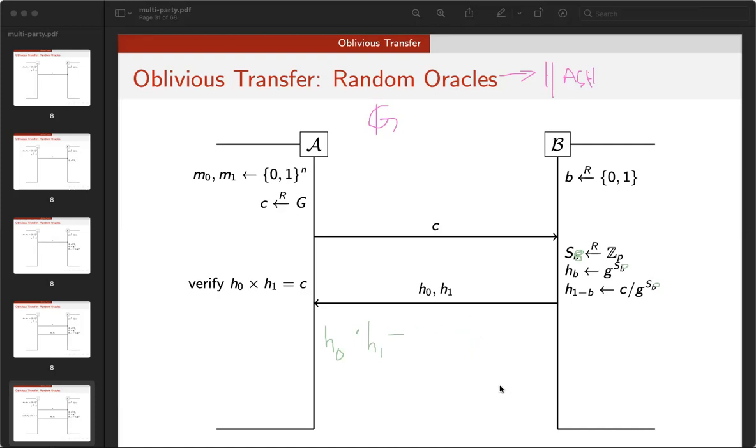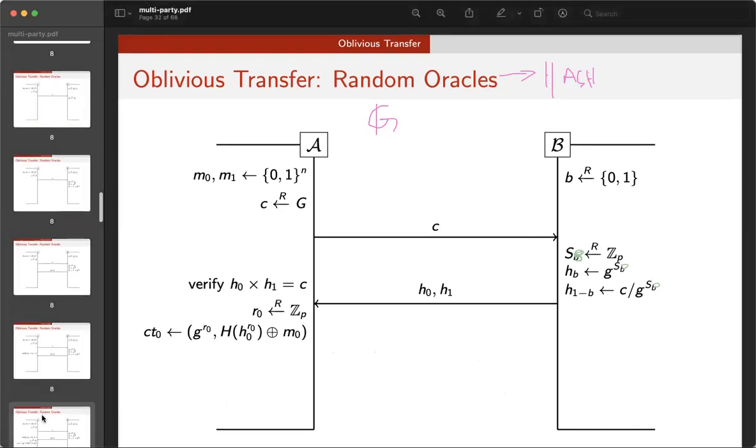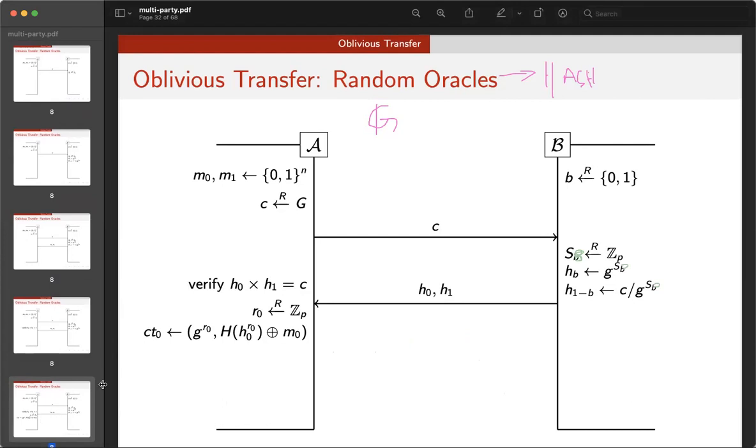The next step for Alice is she herself samples a random value and computes ciphertext 0. Ciphertext 0 is G to the R sub 0, which is the first part of the ciphertext.